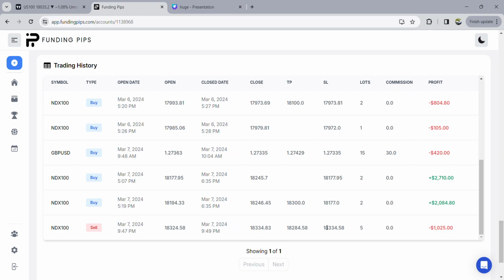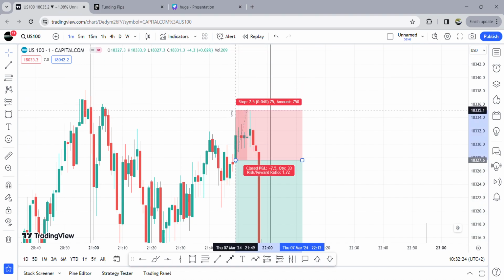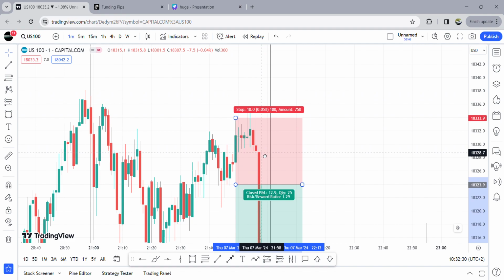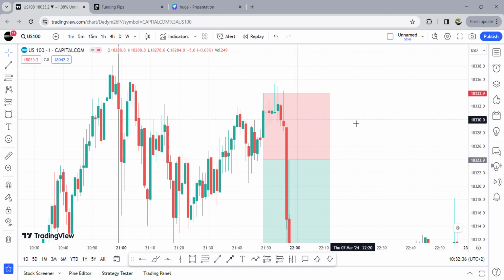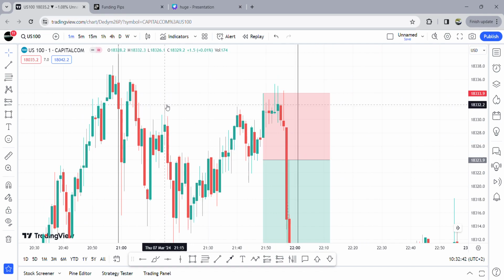Let me think. Yeah, 10 points, 10 pips. My stop was 10. I got stopped out, so that means I must have entered lower. That doesn't make sense. Okay, I'll just look at the data on FundingPips. But that's the entry I took. I remember my stop was above this high.